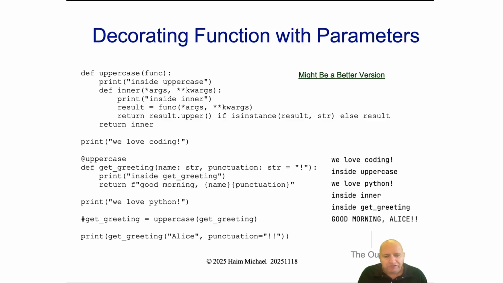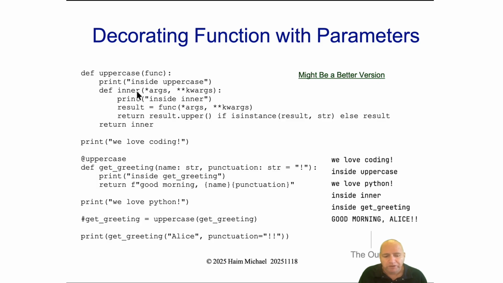And then eventually when getGreeting is invoked, and it happens over here in the last line, actually what is invoked is the inner function, because having getGreeting decorated with uppercase means, and we have that in a comment, calling uppercase, passing over the original getGreeting, and then assigning the variable getGreeting with the reference that the uppercase function returns, which is the reference to the inner function.